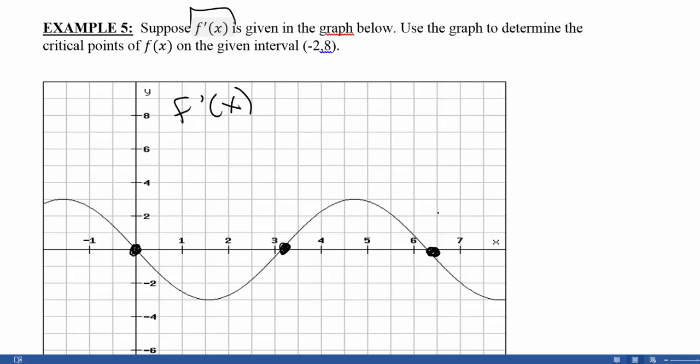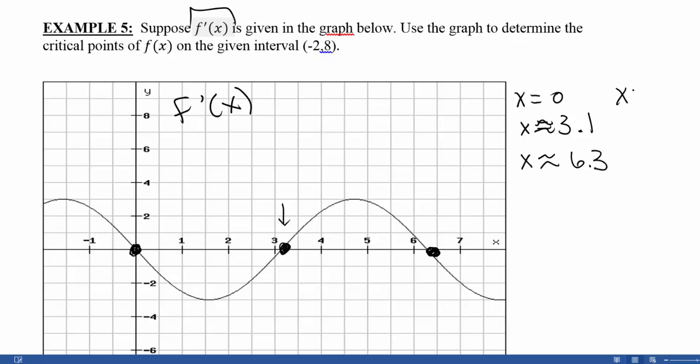So there's 3 of them. The first one is at x equals 0. The second one is at x equals approximately 3.1. And the third one is going to be approximately, let's say, 6.3.